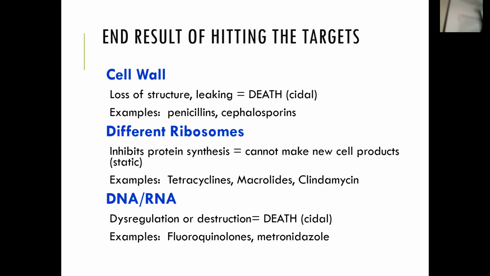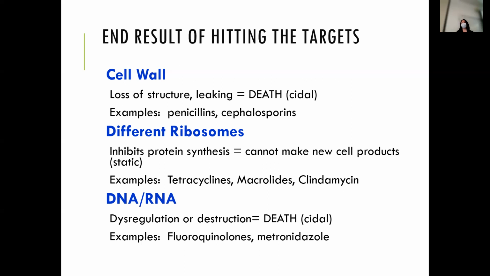It was creepy, but it gave a good visual for what happens. Their cell wall is weakened, and then the pressure inside just makes them burst, and that's the end of them. So that's what's happening when you take something like a penicillin or a cephalosporin. It's attacking the actual cell wall of the bacteria.